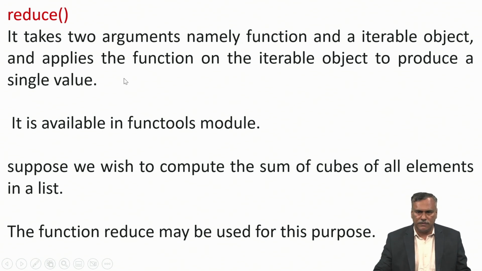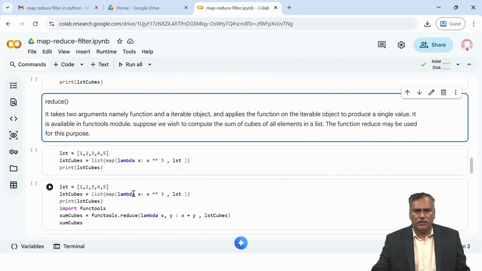If you want to make use of this function, you have to import functools, and then you can work on this. So if you want to compute the sum of the cubes of all elements in a list, when you sum all the values you are going to get a single value, right? In that case you can go for the usage of this reduce.